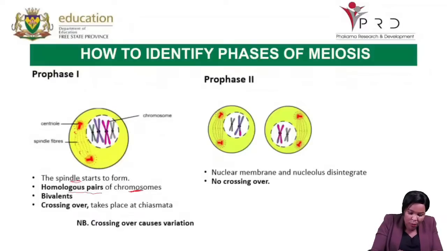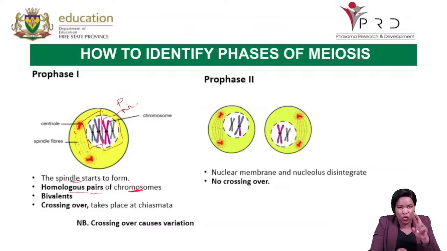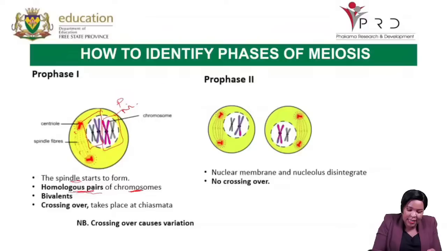So you see chromosomes are in homologous pairs. When we say homologous pair, remember we are referring to paternal and maternal chromosomes. So when you see them attached like that together, you know that this is in prophase 1.